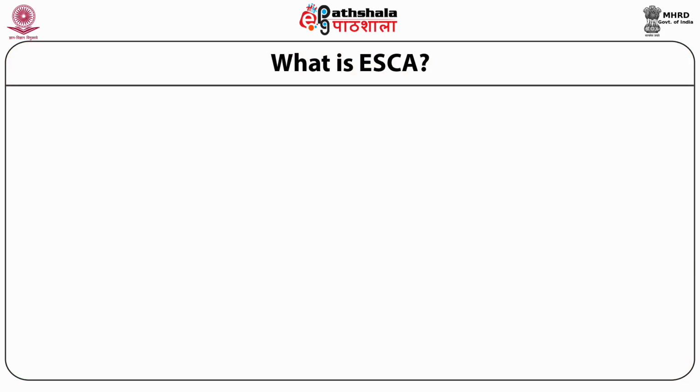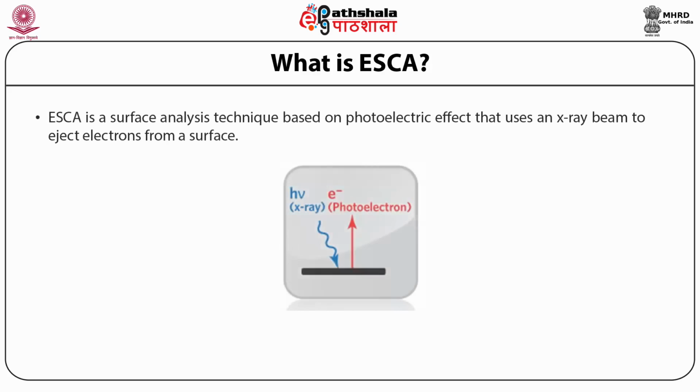What is ESCA? To answer that, ESCA is a surface analysis technique, or the other way we can put it, it is a surface analytical technique which is based on the photoelectric effect that uses an X-ray beam to eject electrons from a surface. It has been shown in the diagram here that there is a surface indicated by a black line. An incident ray hits this, which is an X-ray with energy equivalent to h nu.